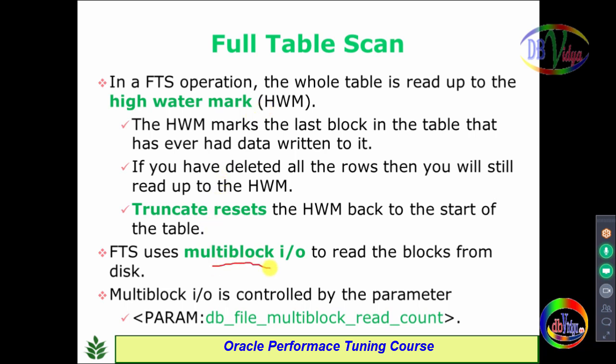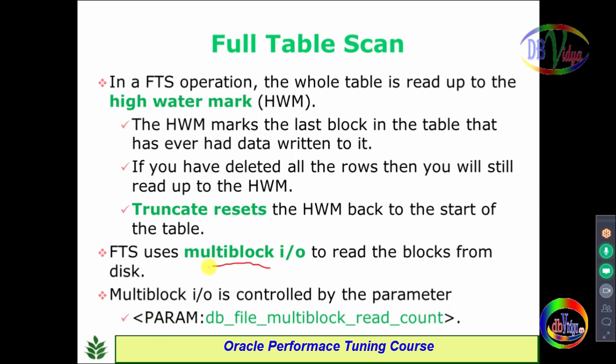As I told you, initially, whether you need it or not, minimal data blocks are assigned. The DEPT table has only 3-4 rows, still it has 5 data blocks. Even if you do select star, it won't bring only one data block. That minimal IO, which is set internally by Oracle, that many data blocks are brought.